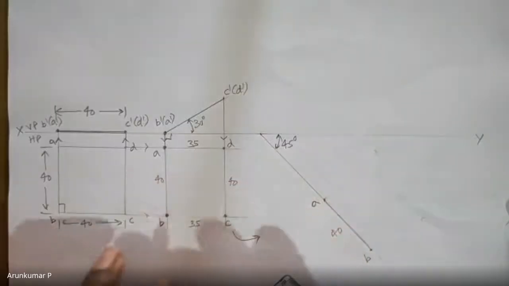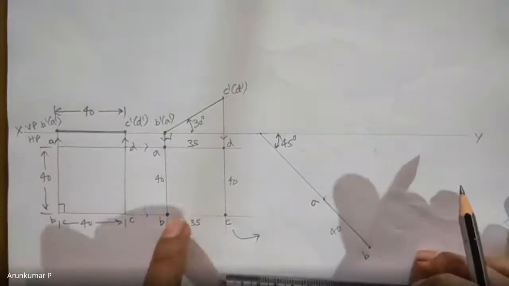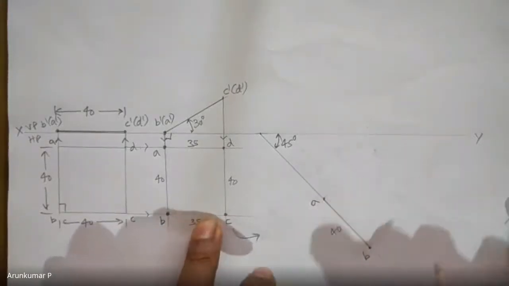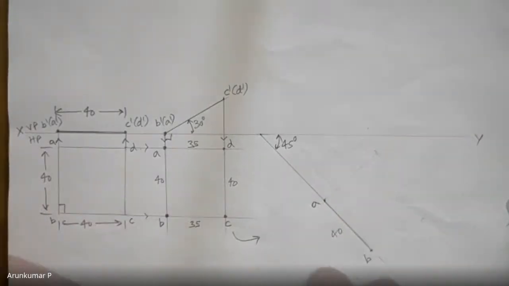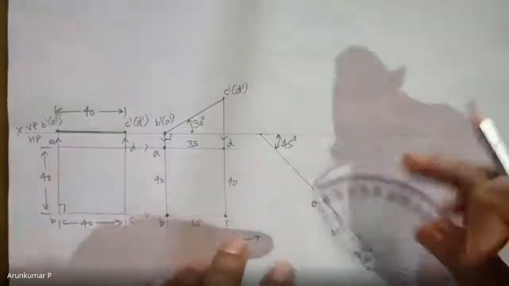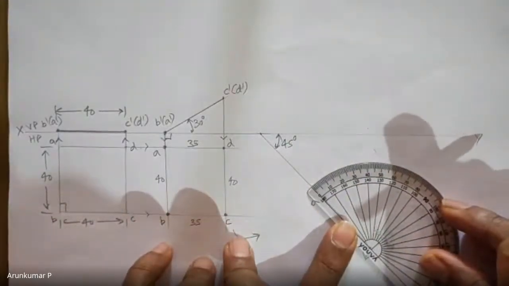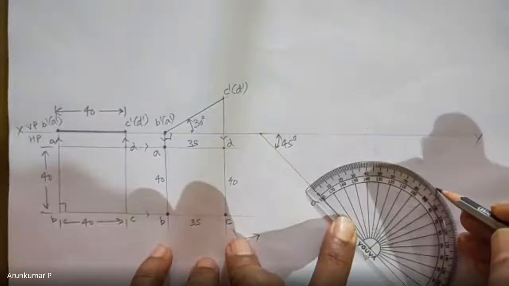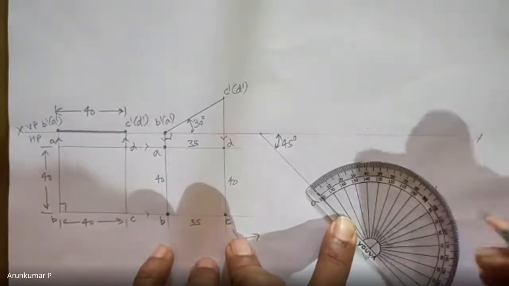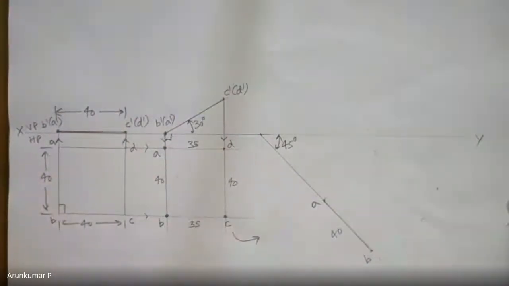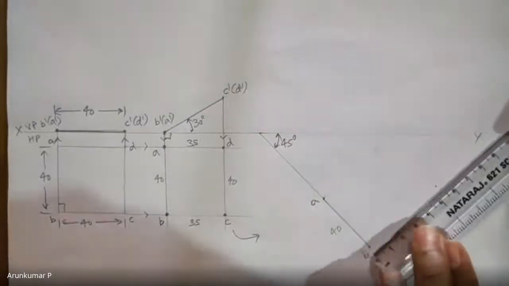Then I can use the rounder, or I can draw a 35 mm line at 90 degrees. I can use the protractor and measure 90 degrees like this, and draw this 35 mm line at 90 degrees.